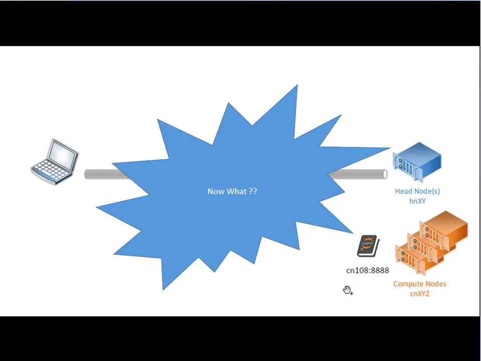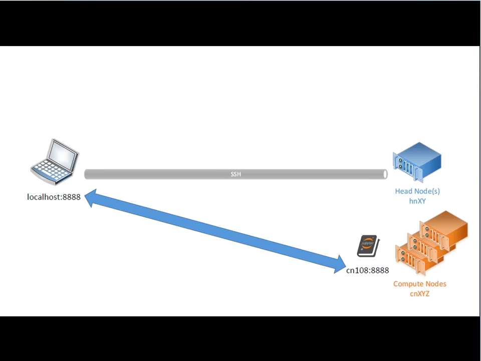So this is all fine. We're all happy. We have a Jupyter notebook running somewhere, but how can we reach it? That's where a handy feature of the SSH client comes in. We're going to leverage SSH tunnels to get there. So what is an SSH tunnel?